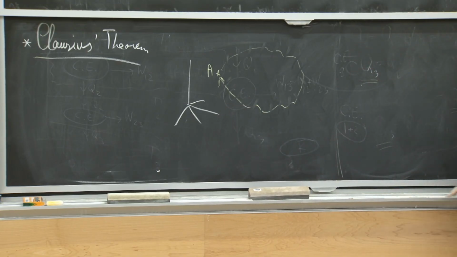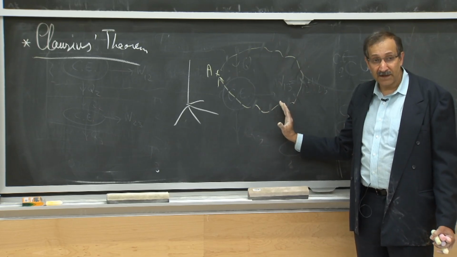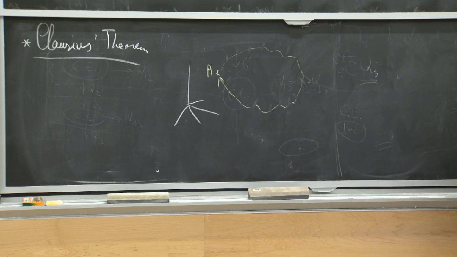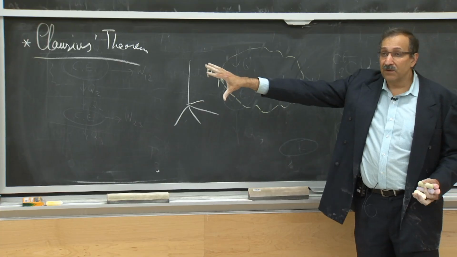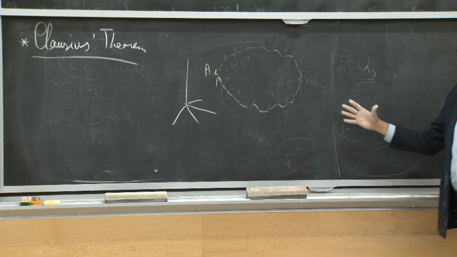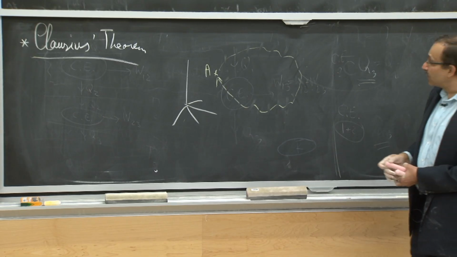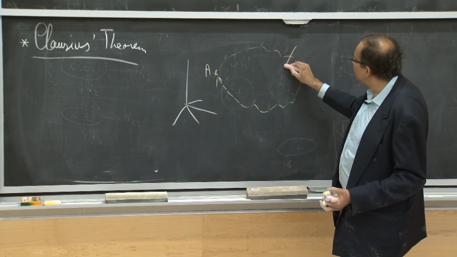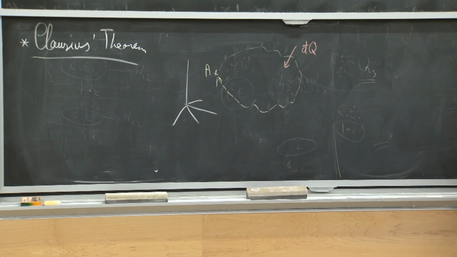Okay? So for any arbitrary cyclic transformation, at various stages, just like that simple example, we'll do work on the environment, take work from the environment, but most importantly from our perspective, there will be heat inputs into the system at various stages of the cycle.